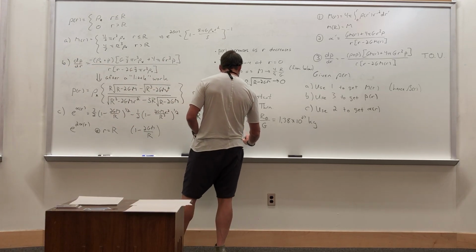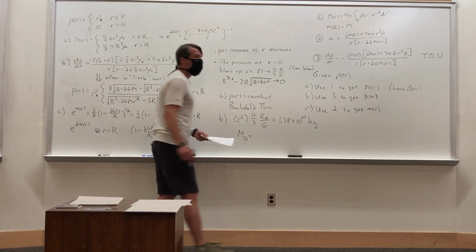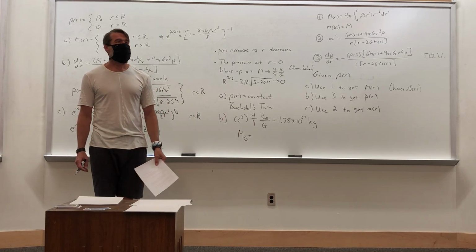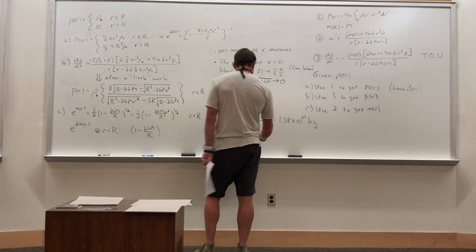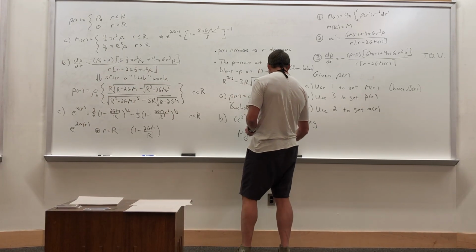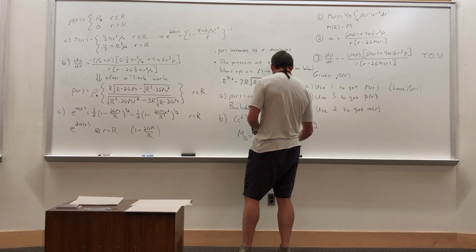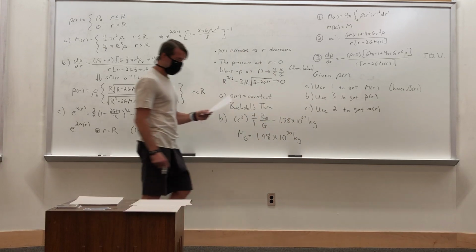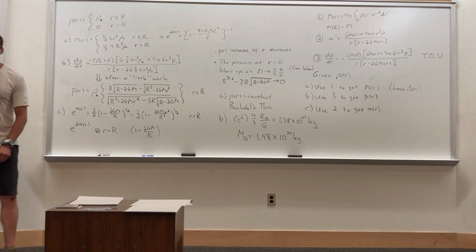Well, does anybody know the mass of our sun? It's about 10 to the 30th kilograms. You Googled that, didn't you? I'm kidding. No, I just had it memorized. It's bigger than that.